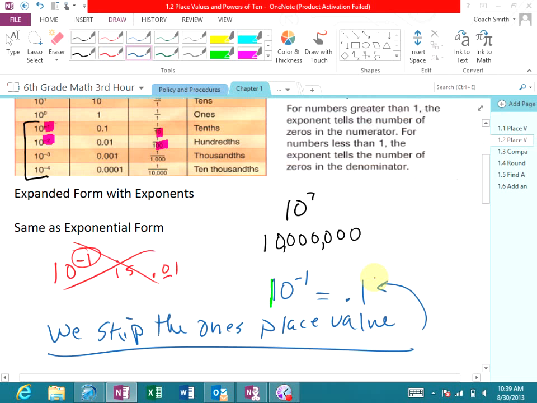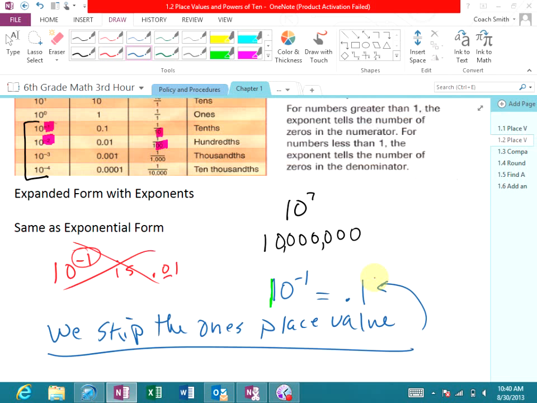It's because there is not a oneths. That's why when we put 10 to the negative first power, it's not 0.01 instead of 0.1. It's simply because of that. It's not there, so we can't use it.